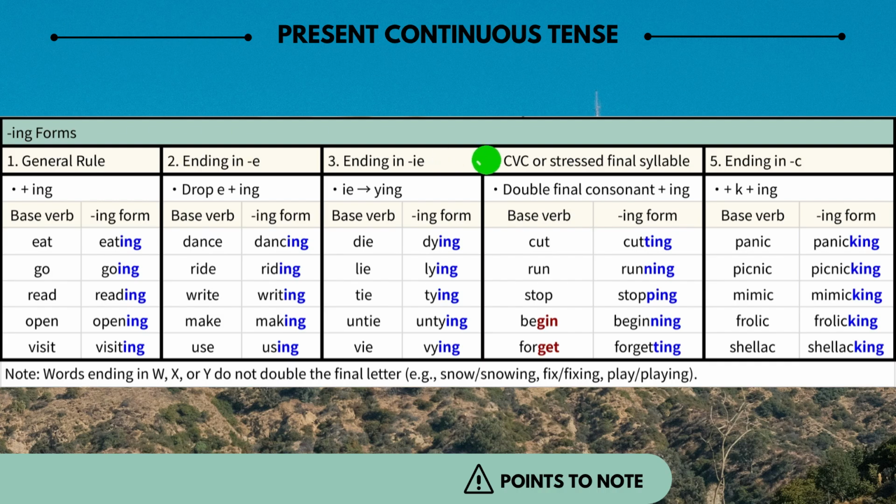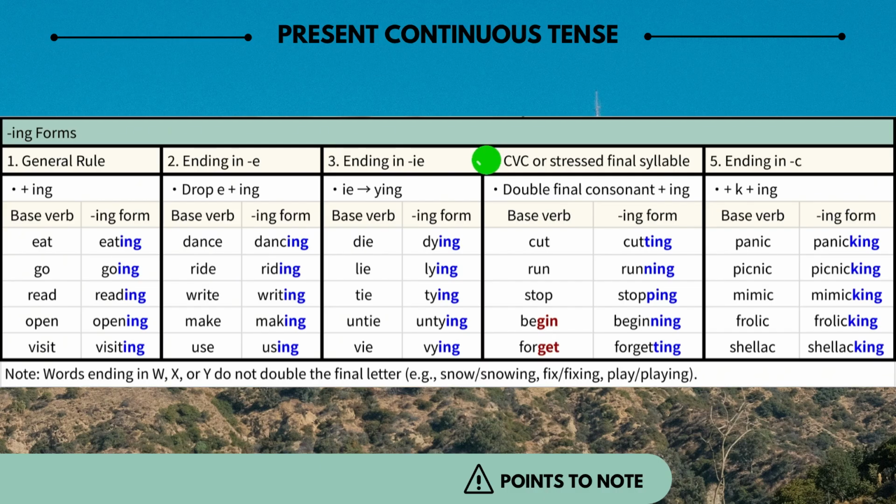Rule 4: double the final consonant. Some short verbs need us to double the last consonant before adding ing. This usually happens when the verb has a CVC pattern, consonant vowel consonant, or the final syllable is stressed. Examples: cut, cutting; run, running; stop, stopping; begin, beginning; forget, forgetting.